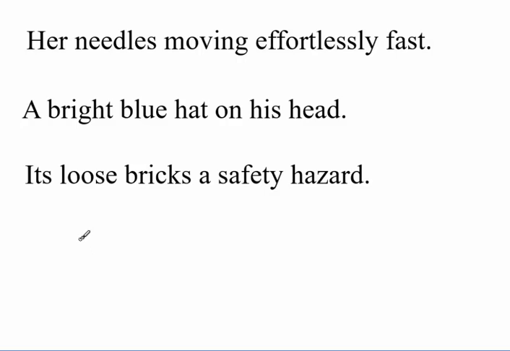And that thing is the verb to be. So was or were. If we had those two options in the phrase, they would be sentences. So, her needles were moving effortlessly fast, that's a sentence.